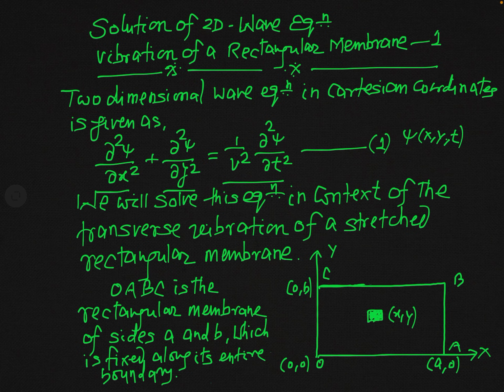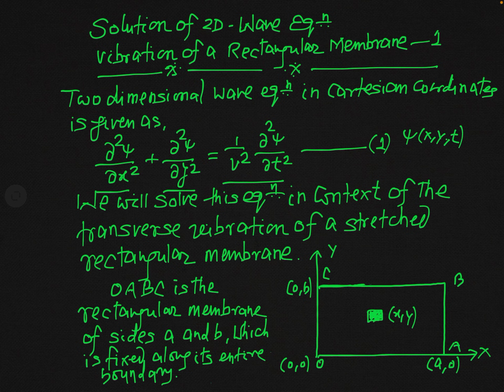So let us consider a thin rectangular membrane and it is homogeneous. It means mass per unit area of this membrane is constant. I have shown in this figure that OABC is this rectangular membrane, and it is in the xy plane.